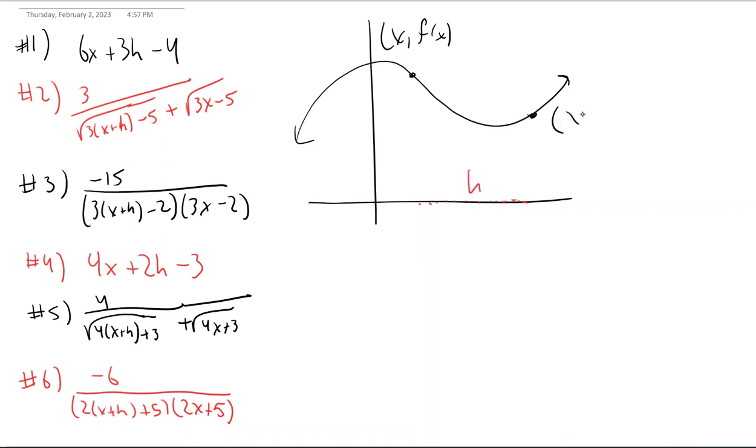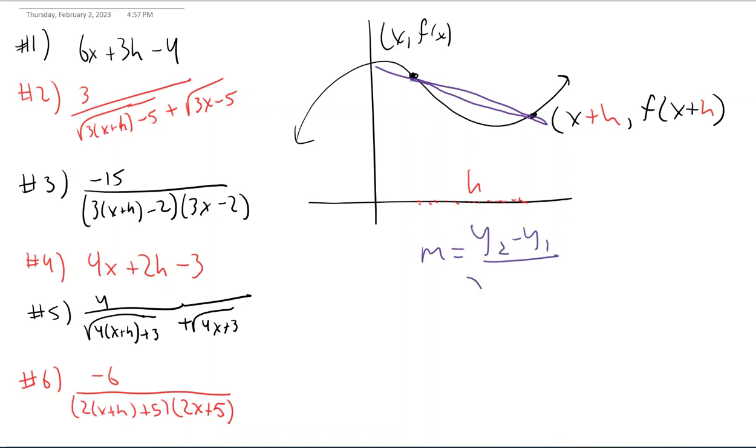And so this point would be whatever this x value was plus however much it scooted over, and its y value would come from plugging in x plus h into the function, and we can get the slope of this line by doing the slope formula, which is just rise over run.